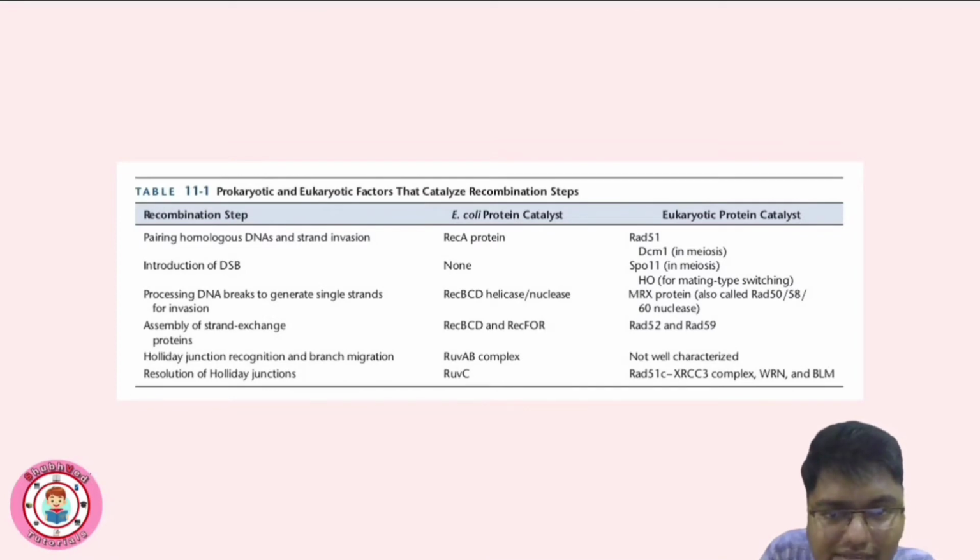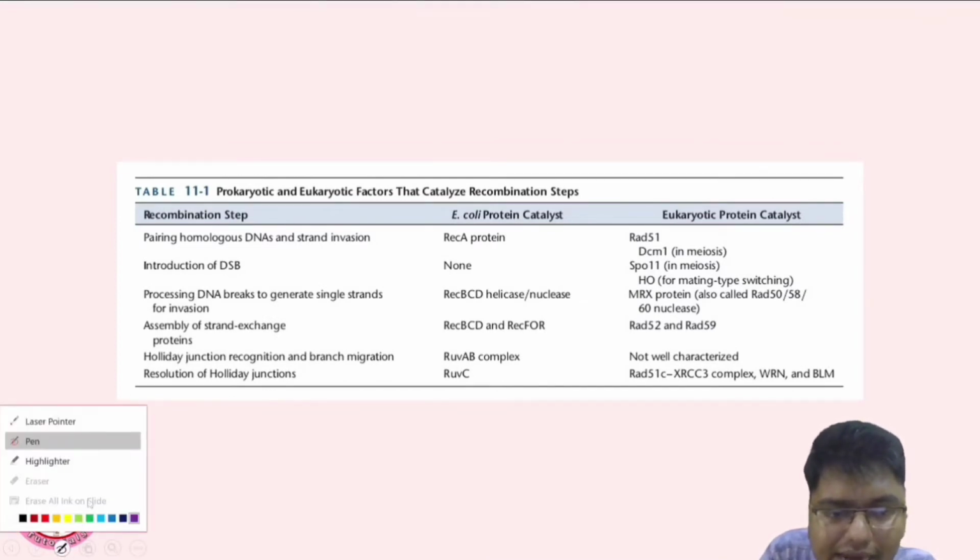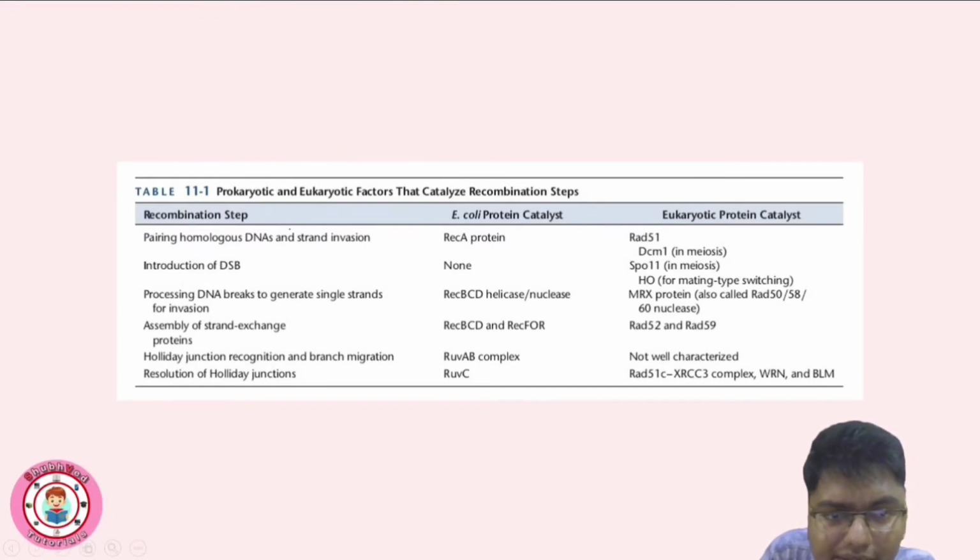Now these are the proteins, or we can say enzymes, that are acting for this homologous recombination. First of all, pairing of homologous DNA and strand invasion: in E. coli it is RecA protein, and in eukaryotes it is RAD51, and RAD51 and DMC1 in meiosis.